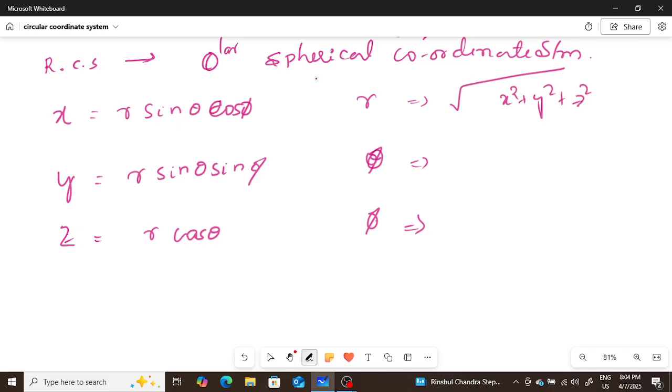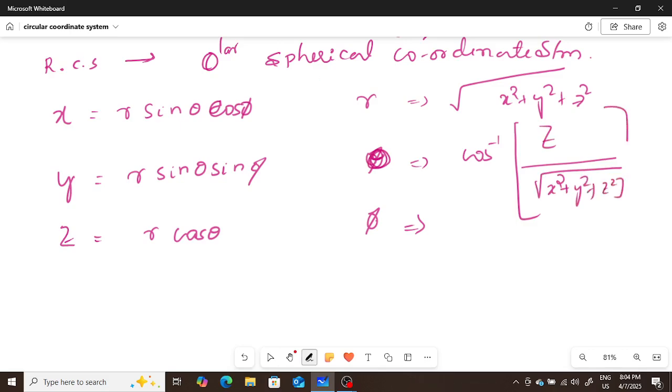Theta is cos inverse of z divided by the square root of x square plus y square plus z square. For phi, similar to the previous cylindrical coordinate system, it is tan inverse of y by x. This is about the spherical coordinate system.